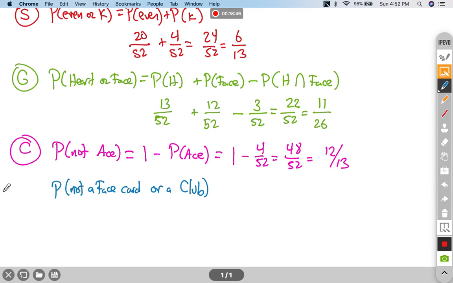Here, not a face card, we have the complement rule. But we're looking at, are these two things mutually exclusive? Is it possible to not be a face card and be a club? Yes. So we got to use the general rule on here.